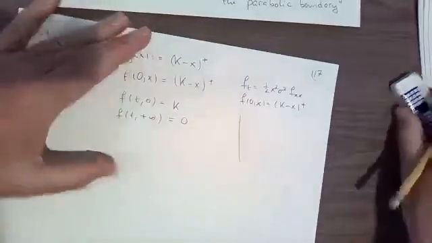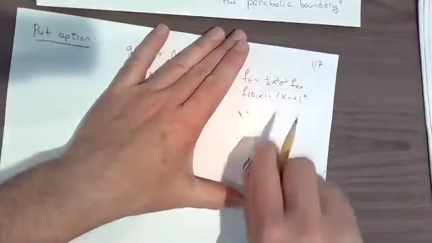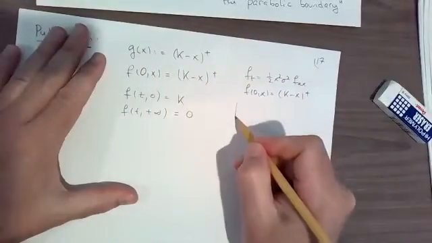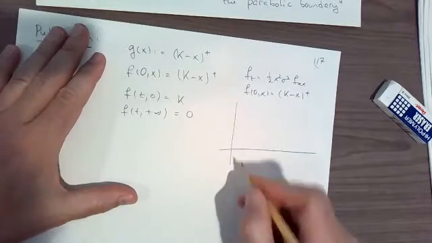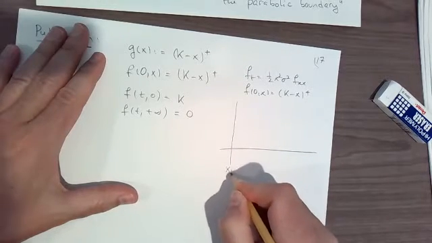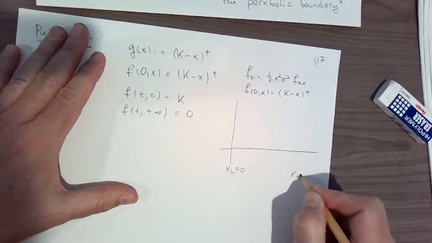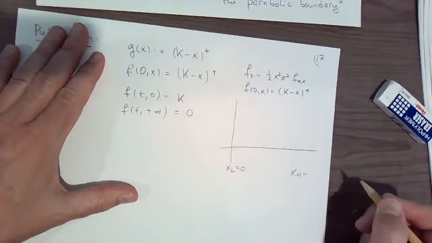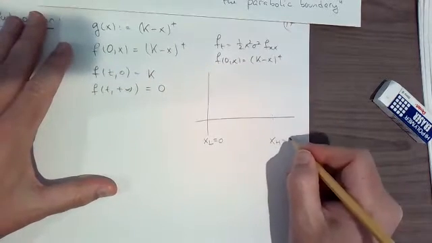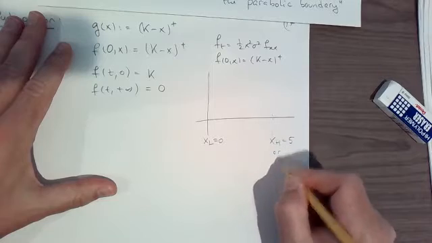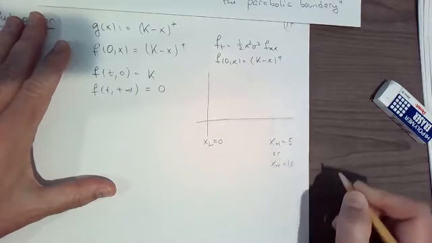So if you were to discretize, and this is exactly what you'll be doing in the homework, you have your lower point, probably going to be 0, and then you'll have your upper point. I don't know what you're going to put here, 5 or 10.